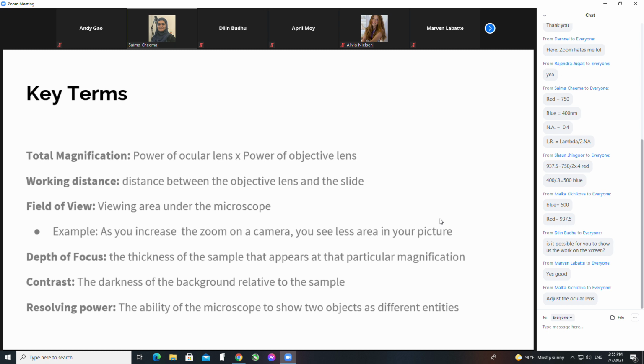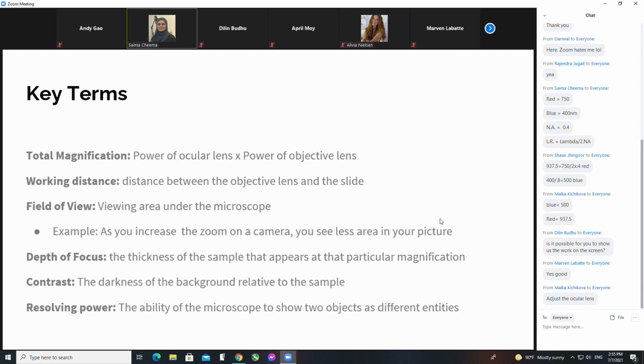You would have to focus on all of them at once. But under 100X magnification or 40X magnification, you can focus on yellow alone and the other two become blurry, and you can focus on blue alone and the other two become blurry. So it's basically telling you that you can focus in on the various depths within that specimen.